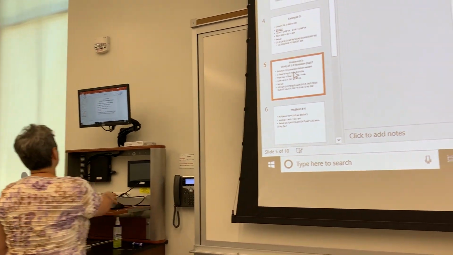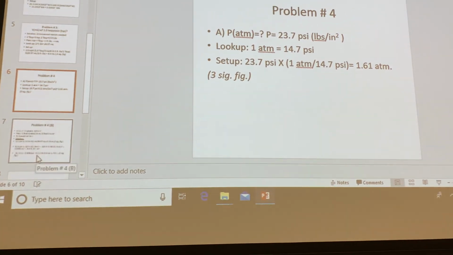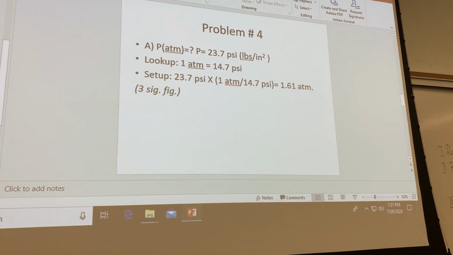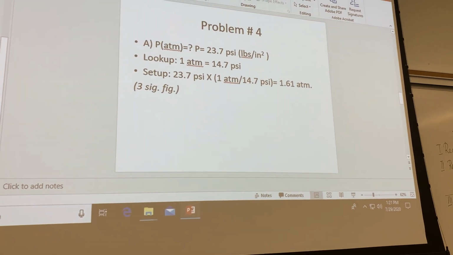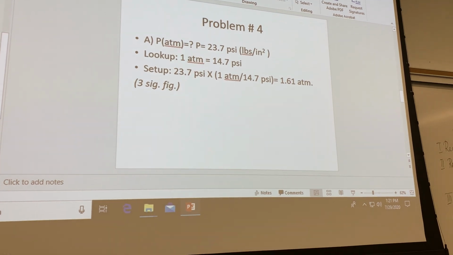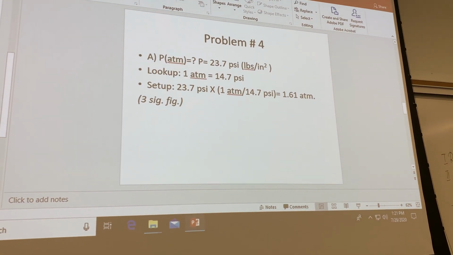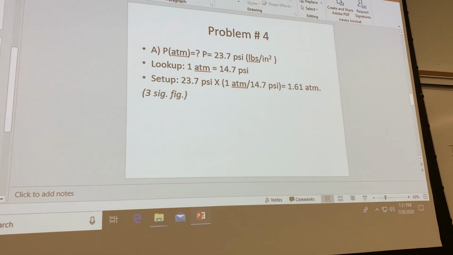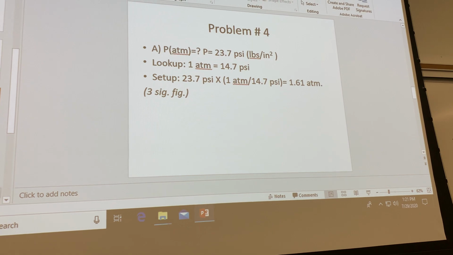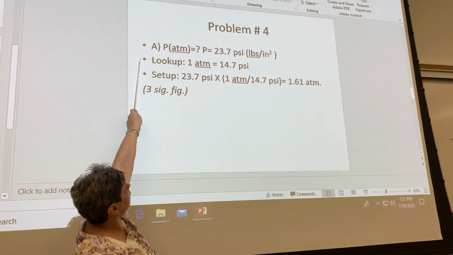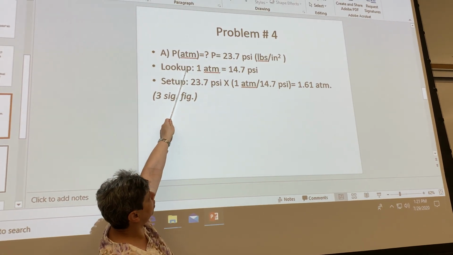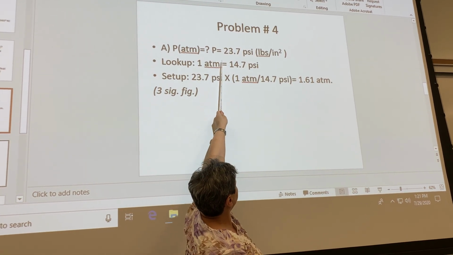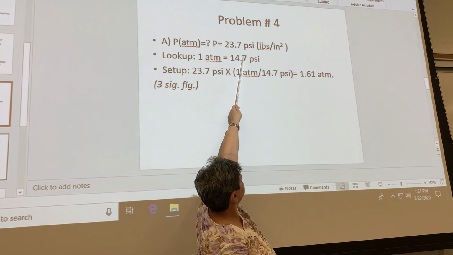And then finally, we're going to take a look at problem number 4 in your problem set. This problem consists of 2 parts, A and B, so we're going to do A and then B. Problem 4 talks about something familiar to everyone, which is a basketball. The first part of the problem deals with the pressure inside the basketball. So they want us to find pressure in ATMs inside the basketball, given that pressure inside the basketball is equal to 23.7 psi.